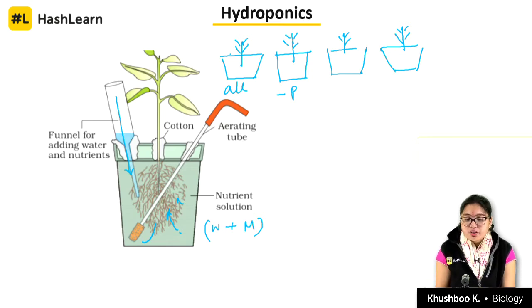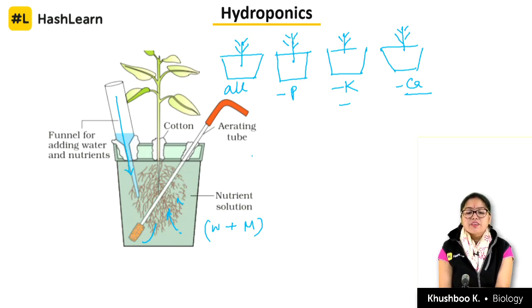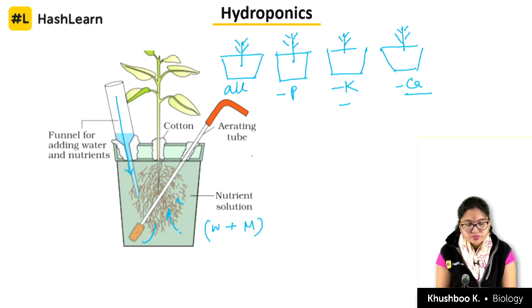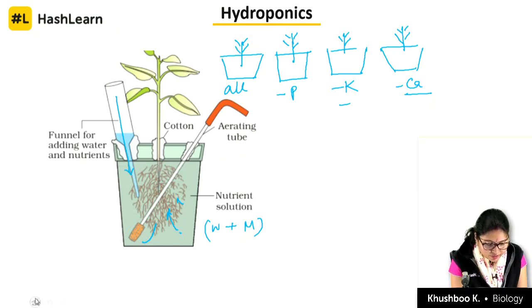But with all nutrients except a few, if these are not given, by this way we can identify what impact it will give on the plant, and then we can also infer where all these elements are required in the plant, okay. So that's how deficiency of a particular mineral or function of a particular mineral in a plant is identified with the help of the hydroponics method, okay.